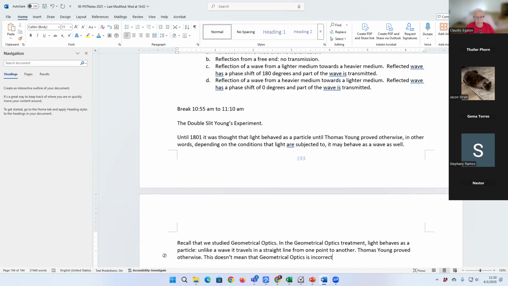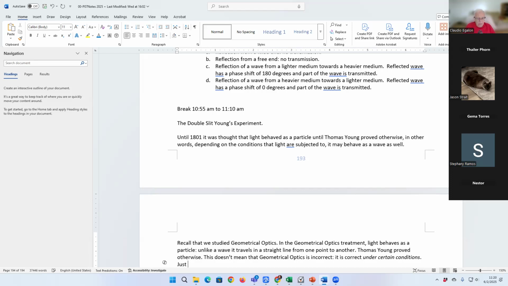No, it's not incorrect. It is correct under certain conditions, okay? That's the key way of describing it.